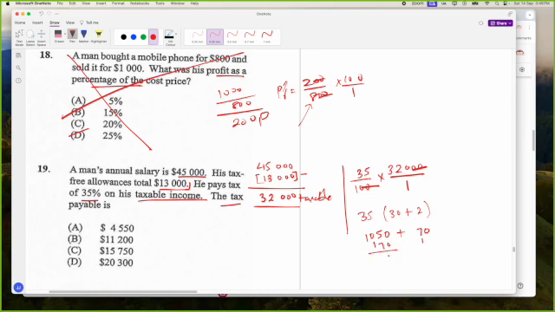So I got 35 multiplied by 32 to be 1120, and then I just had to add this 0 to it to get 11,200 in tax is what he had to pay.